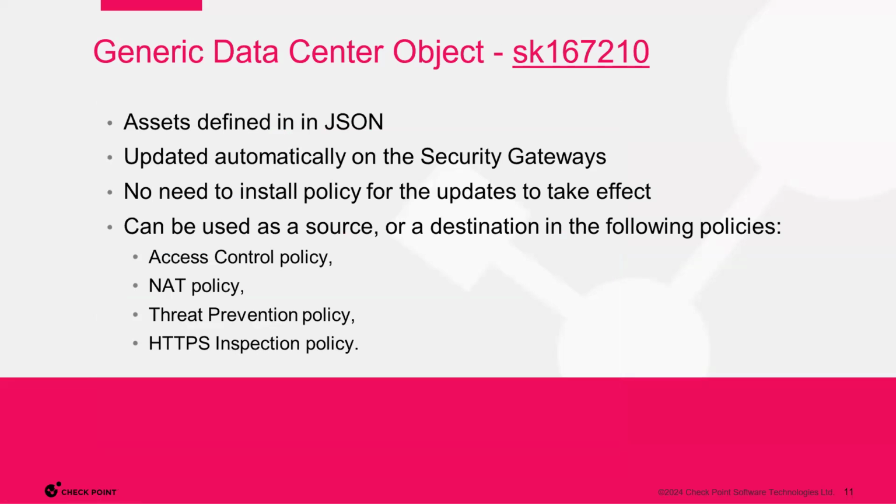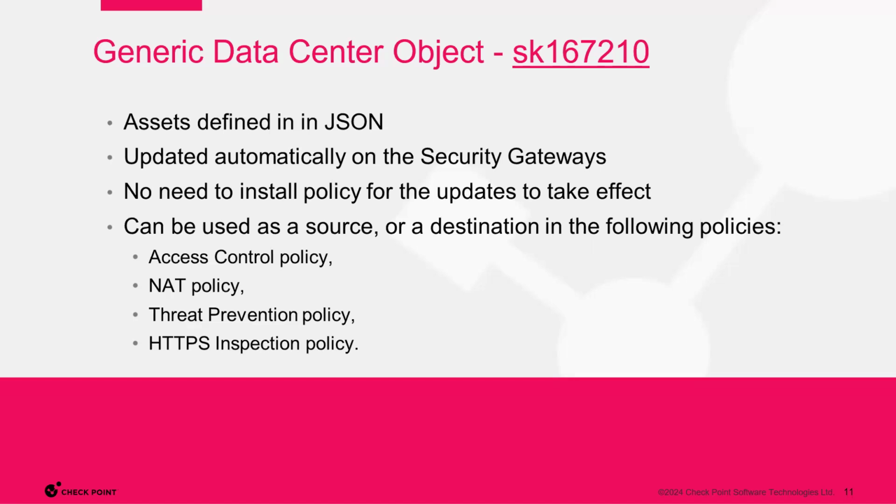So of all the data center objects, there is also a generic data center object, which we have outlined here. So if you just want to build your own data structure to share information, you can do so in a JSON method. It is outlined in that SK, which is available for viewing.